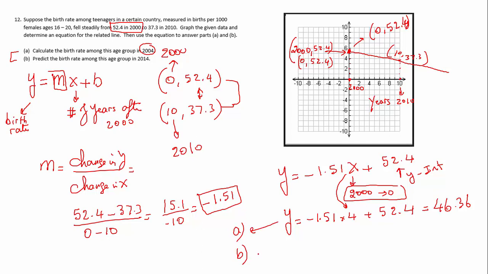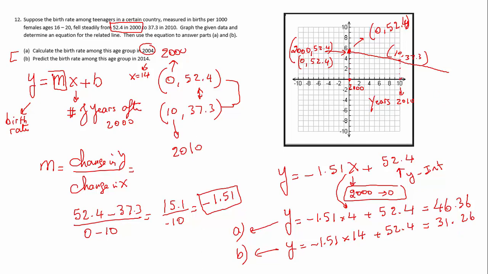On part B, if you do the same, but now 2014 means x would be 14, because remember x is 0 at 2000. Substitute here, multiply by 14 instead of 4, add 52.4. This number should be even smaller, 31.26.